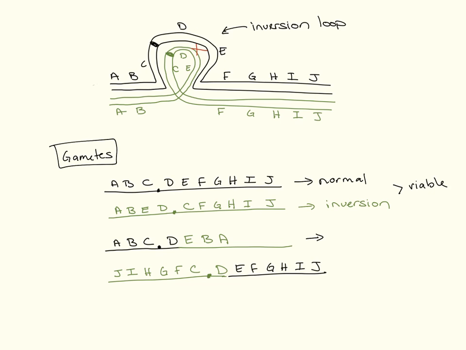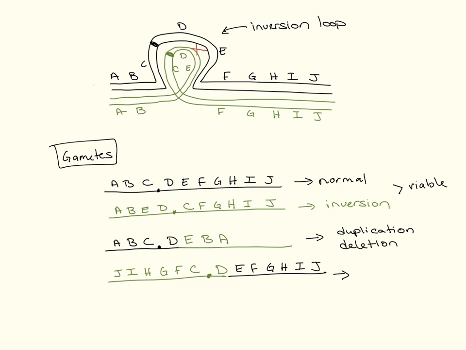However, we have duplication of the A and B region, and we have deletion of everything after the F, G, H, I, and J. So those are pretty significant, and this one won't be viable.